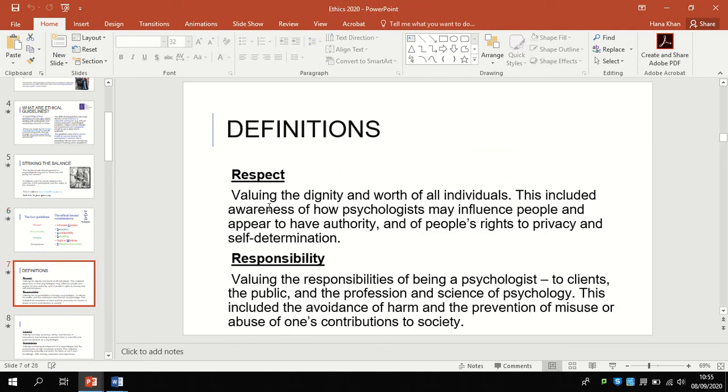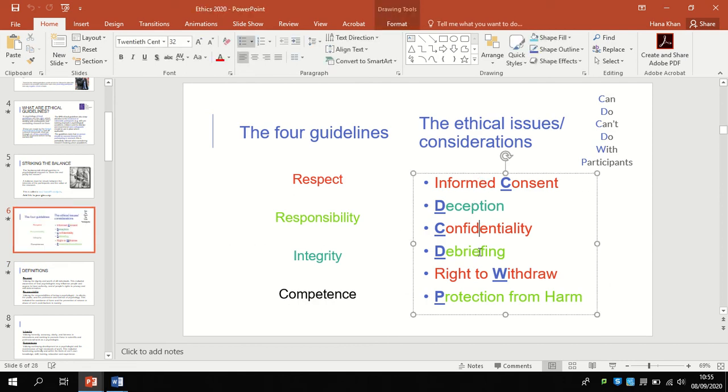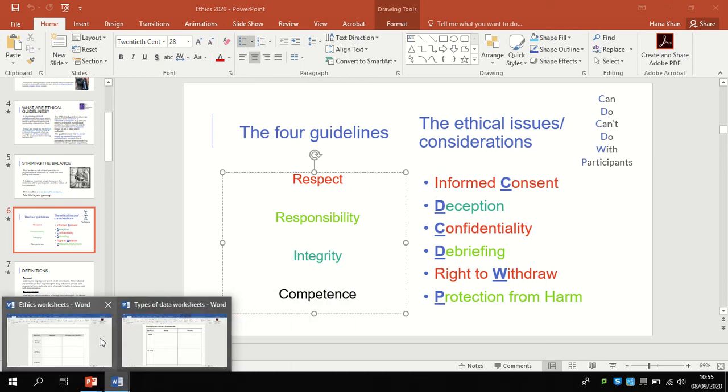So the guideline of respect is basically valuing the dignity and worth of all individuals. This includes awareness of how psychologists may influence people and appear to have authority, and of people's rights as well to privacy and self-determination. So when you are writing down what the meaning of these 6 ethical issues are and which guideline they fall under, I'd like you in your booklet to write down what that particular guideline also means.